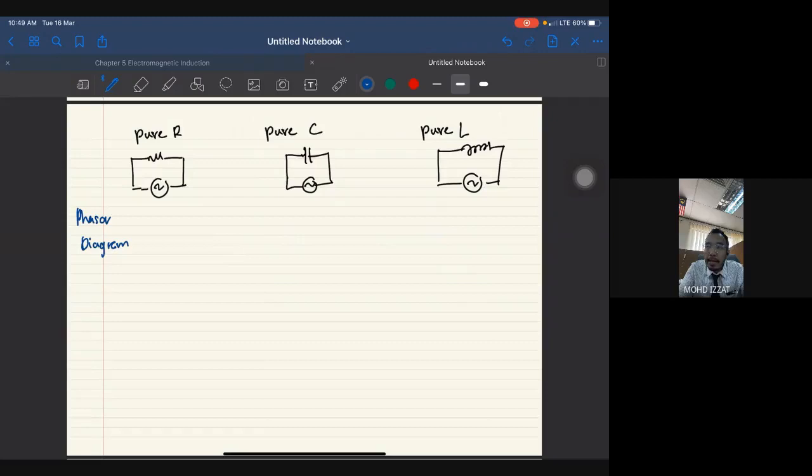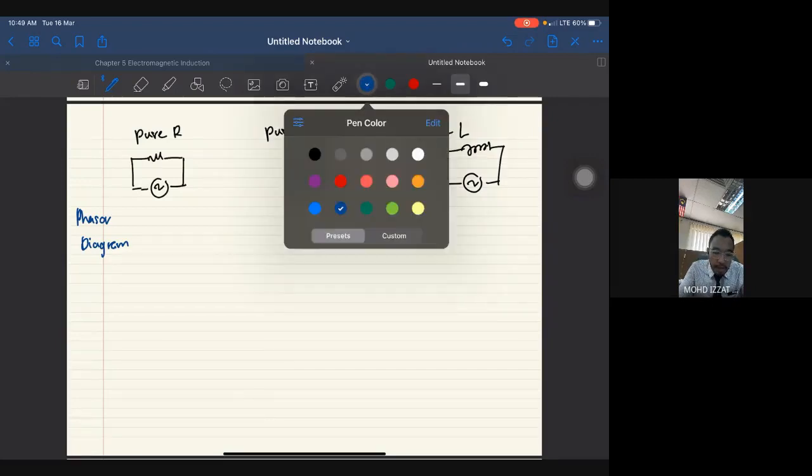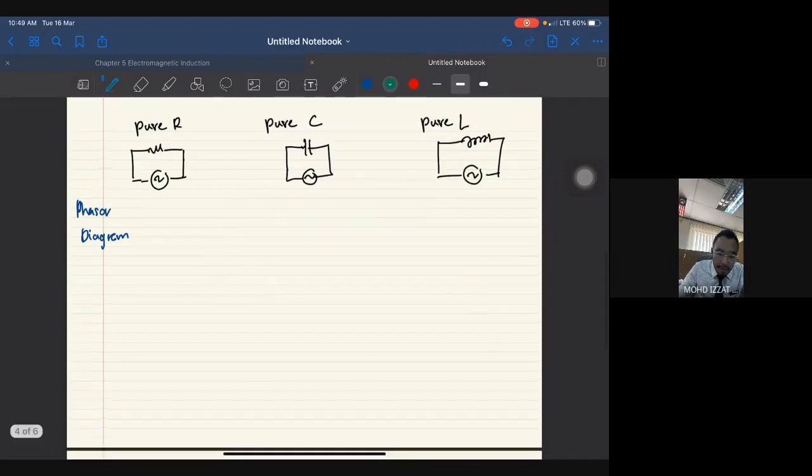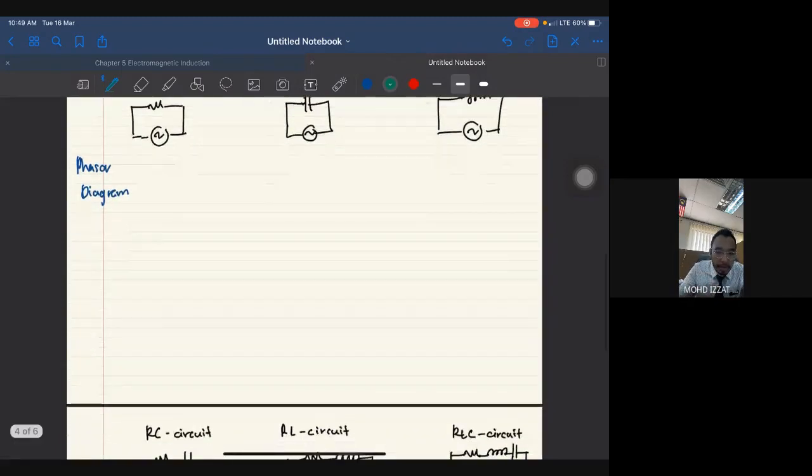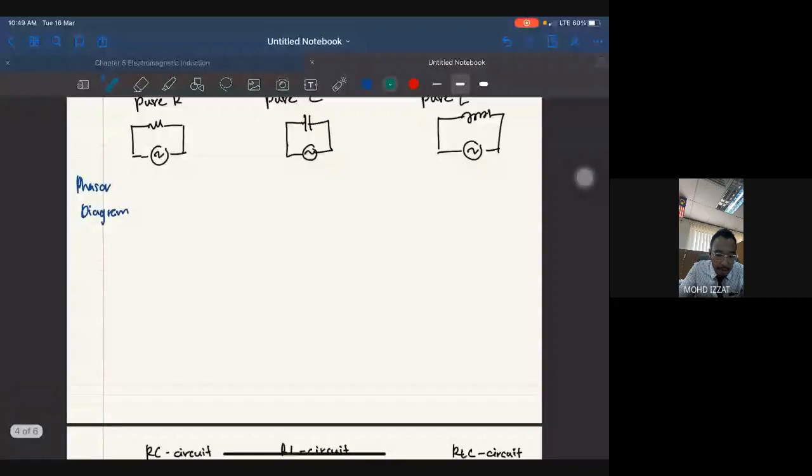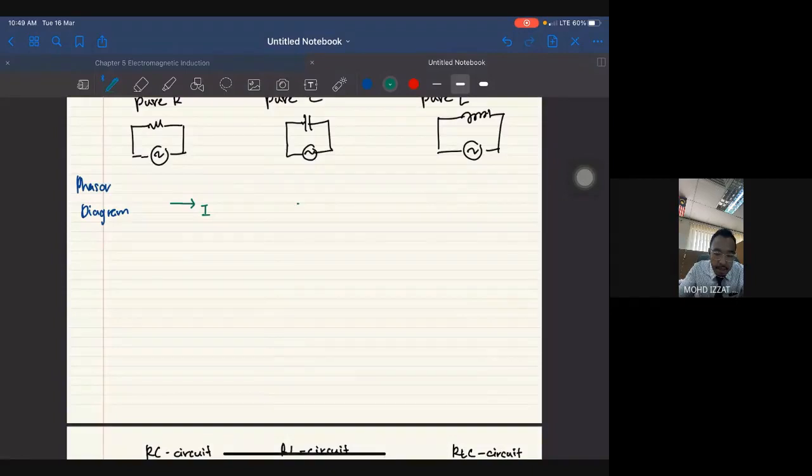For example, I have current and voltage moving, and I want to know which comes first, current first or voltage first, and what the angle difference is. So we use a phasor diagram. Remember, mine is slightly different from your lecture notes. I always put my current to the right.